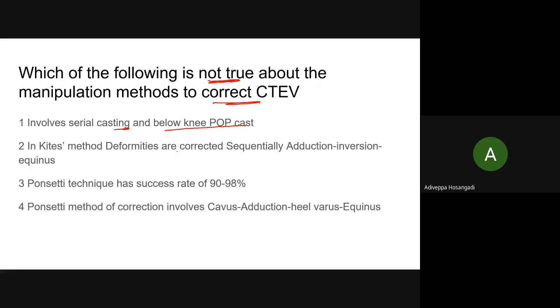In Kite's method, deformities are corrected sequentially, one after another. The Ponseti method has a success rate of 90 to 98%. The Ponseti method of correction involves CAVE. Please remember CAVE: Cavus, Adduction, Varus, Equinus.